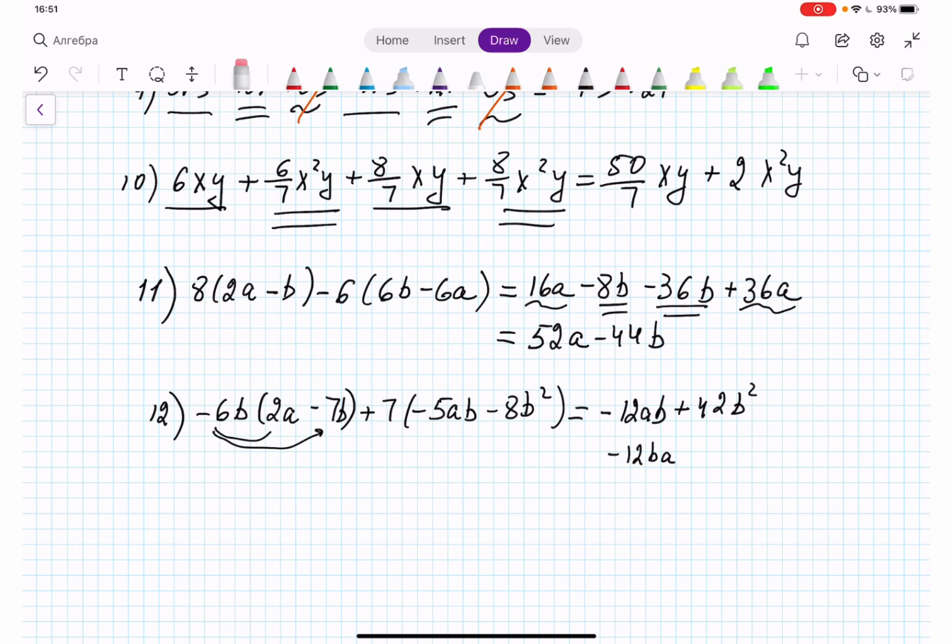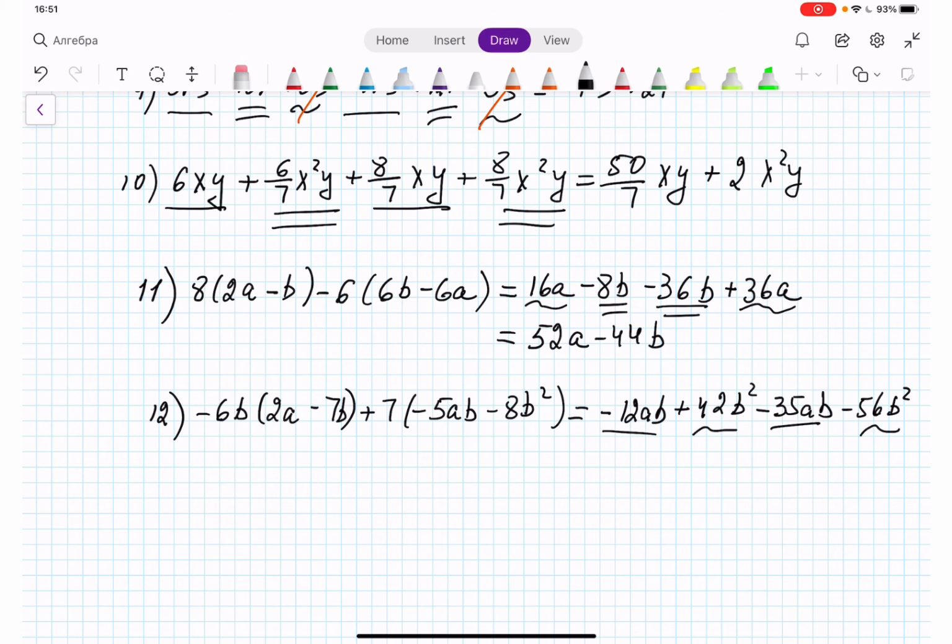Like I said, b times a or a times b doesn't change anything. 2 times 3 equals 3 times 2. Next, 7 times negative 5ab is going to be minus 35ab, and then minus 56b squared. What do we have here? Like terms: ab, b squared, b squared.